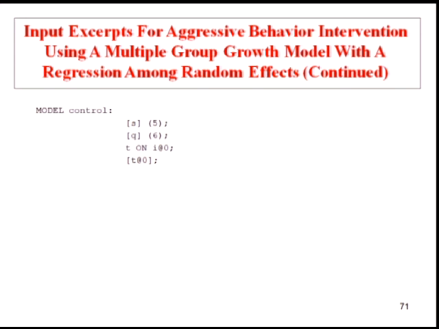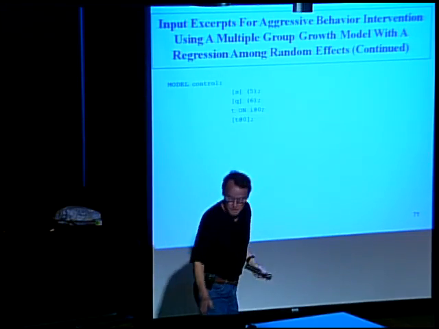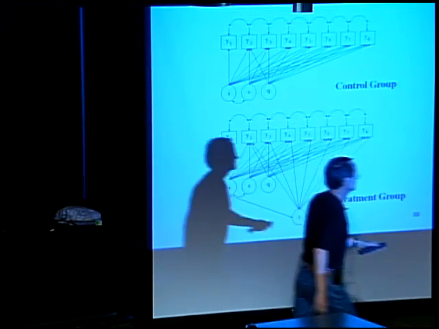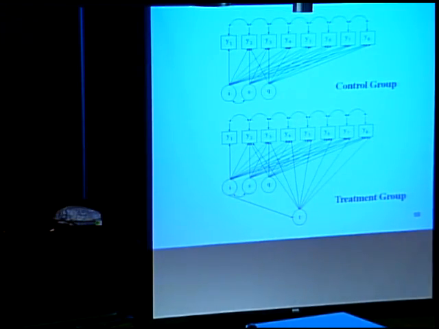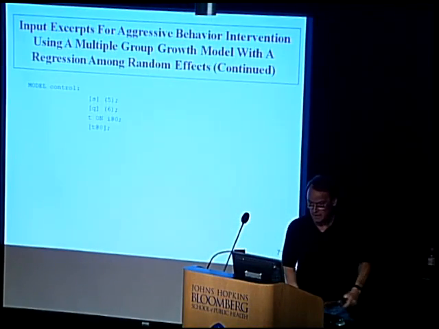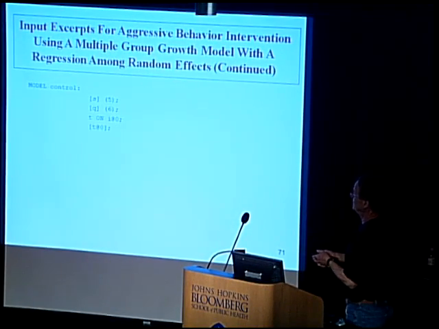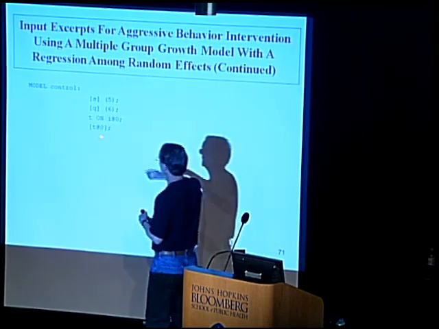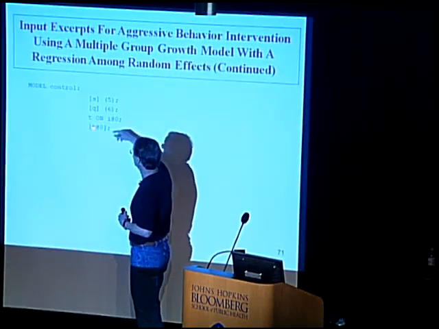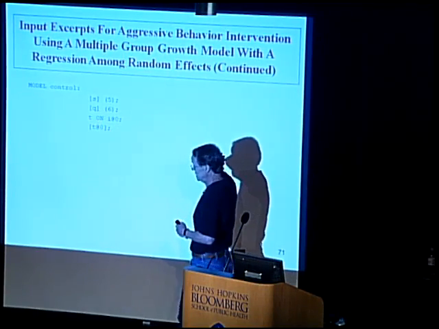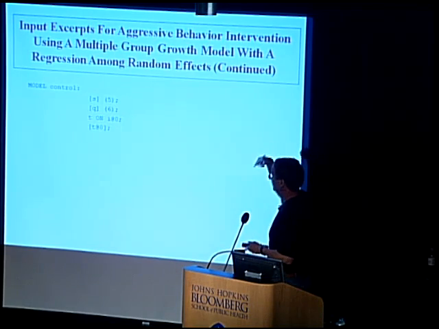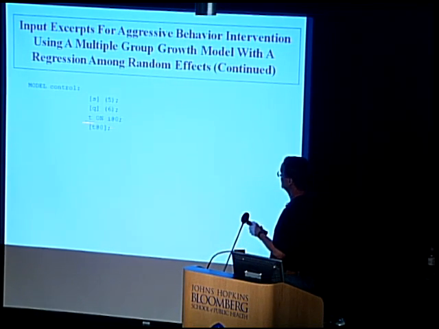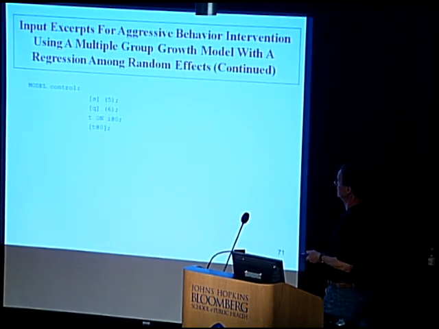So in the control group, we have no T. You don't have any T factor here, so we get rid of it by saying that its mean is 0. Its variance is already fixed at 0, residual variance is fixed at 0 on the previous slide. So we only had to fix the mean at 0, and the slope T on I is 0, getting rid of T in the control group.